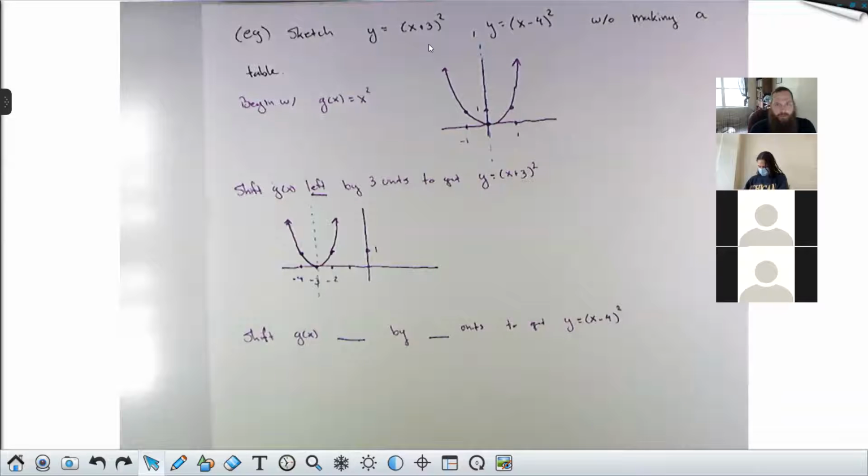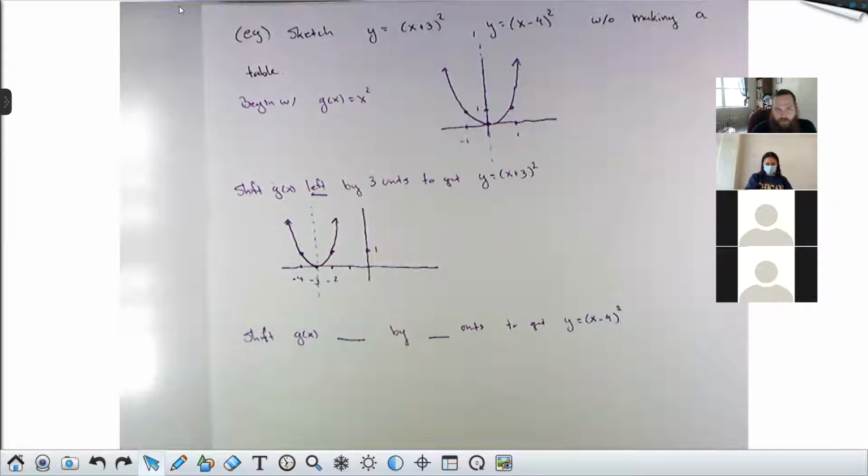So how am I, starting with x squared, going to get quantity (x minus 4) squared? Because this is so similar to this, it's reasonable for us to think it's going to be a shift of some sort, one direction or another, left, right, up, down, by some number of units. And I encourage you to think about the vertex. So what input would be necessary here to get the output 0?